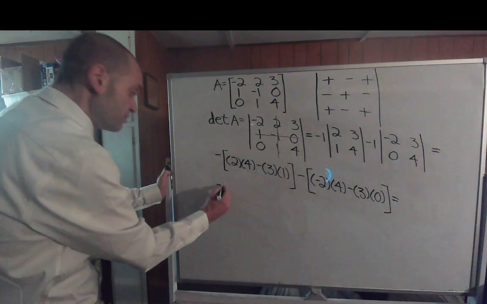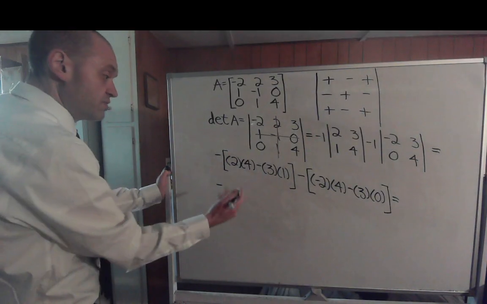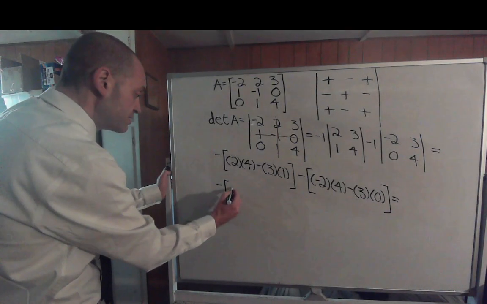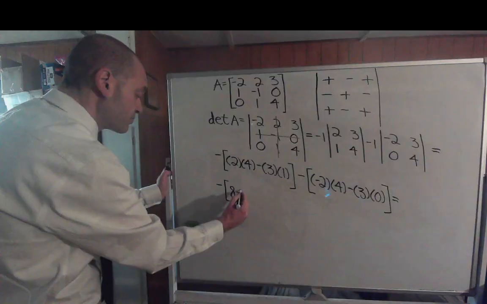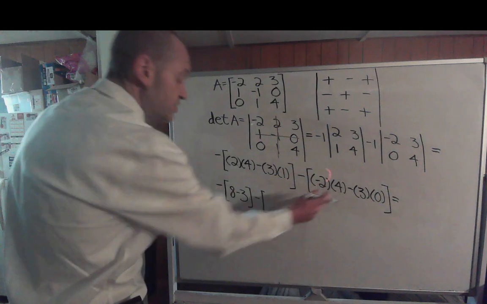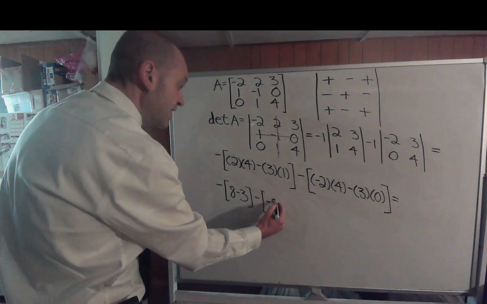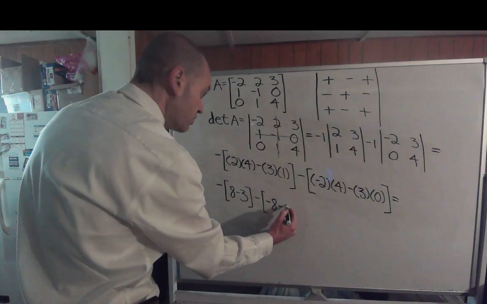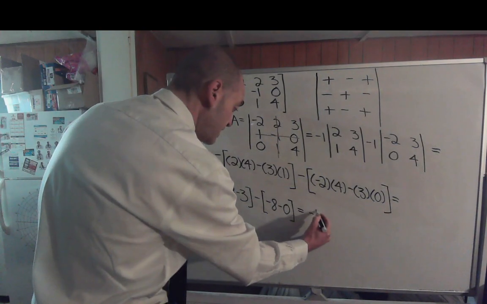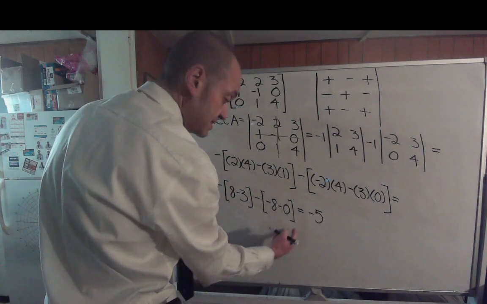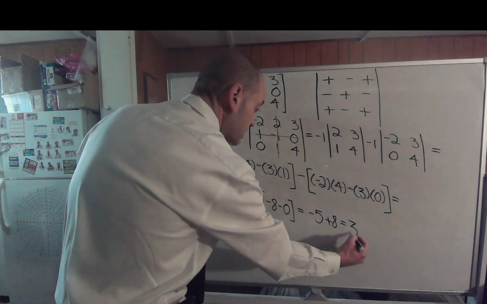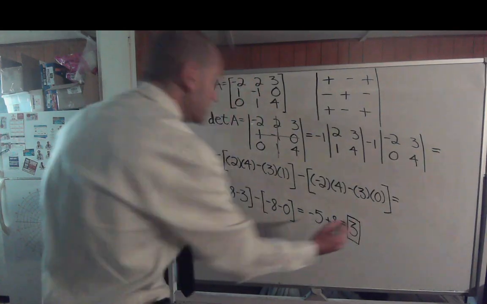So let's just do the multiplication. Let's do the order of operations. So negative of 2 times, let's see, 2 times 4 is 8. That'd be -3, minus, see, -2 times 4, that's -8 minus 0. So you'll end up with -5 minus -8. That's actually +8, which would give you a determinant of 3.